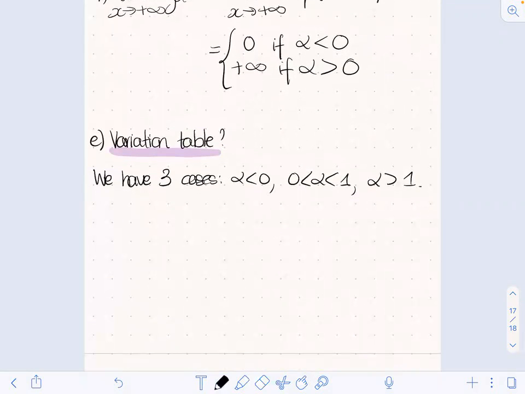Okay, so if we consider the case where alpha is strictly negative, we have a function that's only defined on R plus star. So the function doesn't have any specific value at 0. And we have the following variation table. So we're going to take values between 0 and plus infinity.